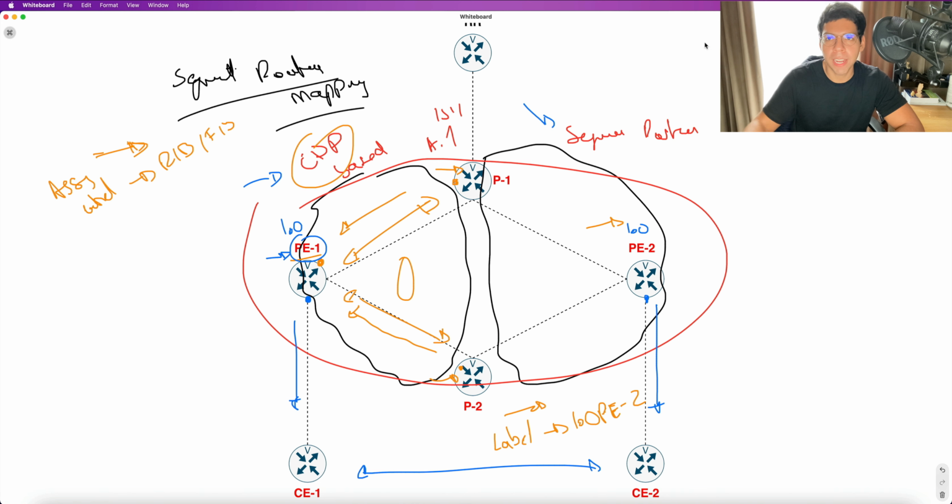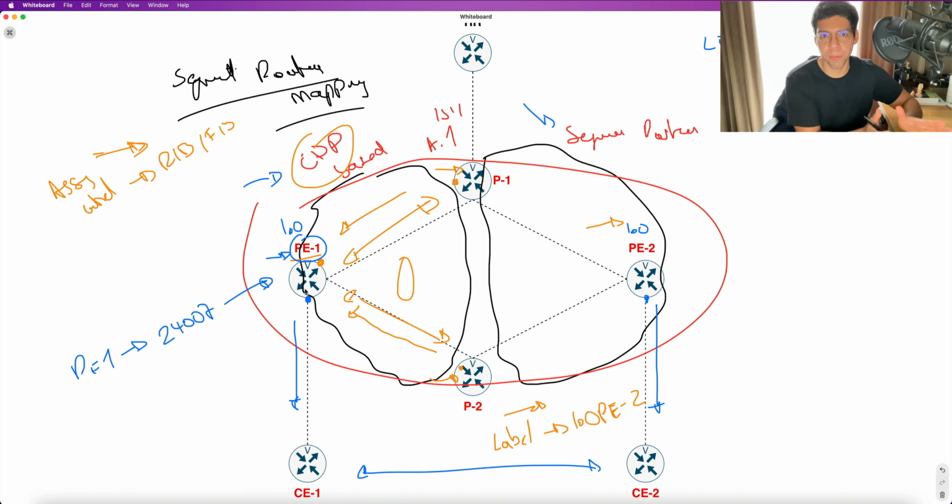So for example, if the LDP label that provider 1 and provider 2 assign to the loopback 0 of PE2 is 24007, then they propagate it to PE1, and PE1 knows the label to reach the loopback of PE2. It's 24007.